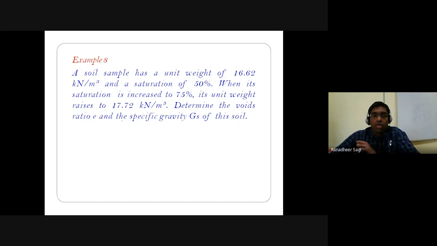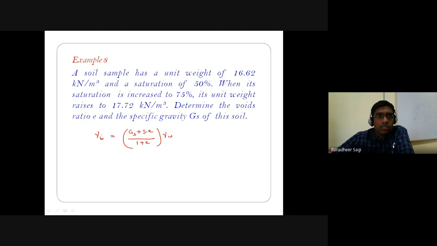So I am required to look at some relation which is in terms of the unit weight, degree of saturation, specific gravity of soil solids, and the void ratio. Okay, so I have a relation like this, gamma B is equal to (GS plus S into e) divided by (1 plus e) into gamma W.